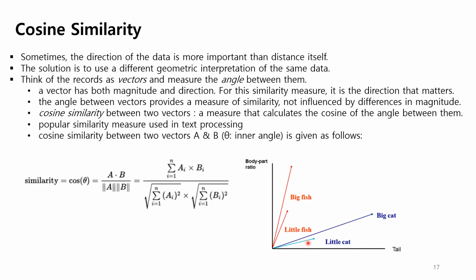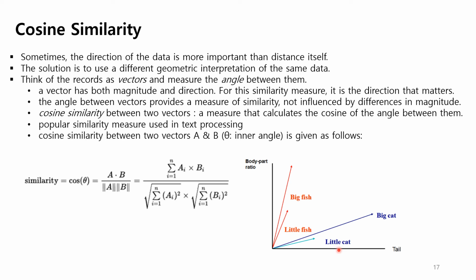If you compute the nearest neighbor of little cat, the nearest neighbor is little fish, because the distance here is smaller than the distance here, right? So the little fish is the nearest neighbor of little cat.